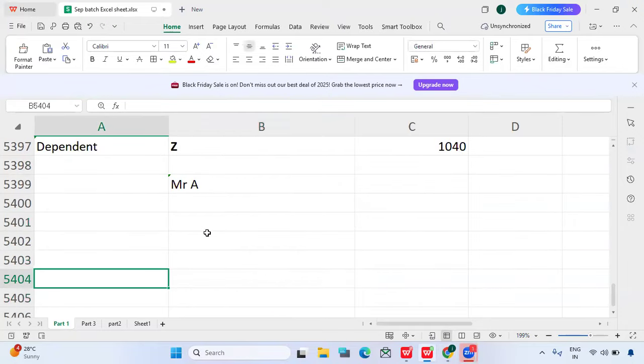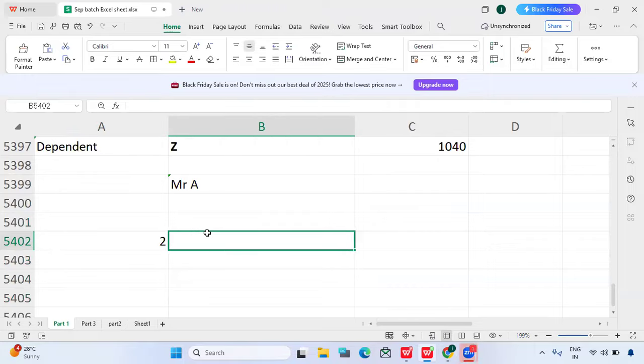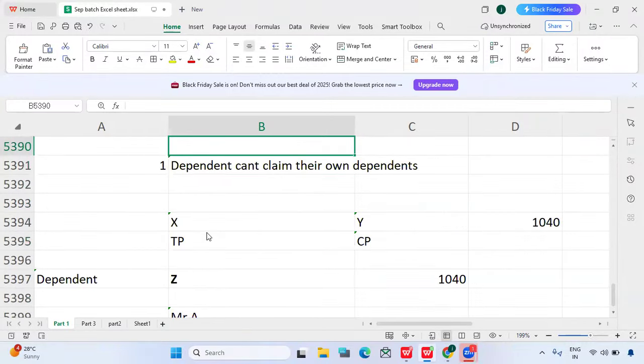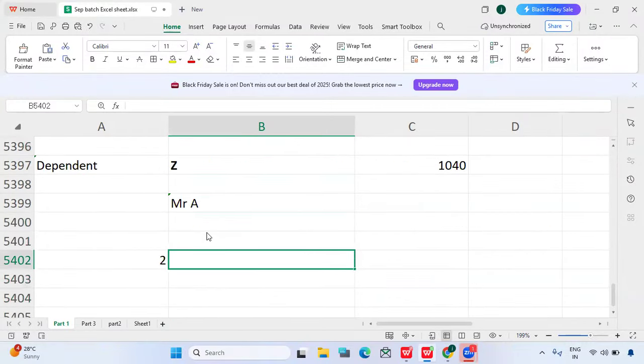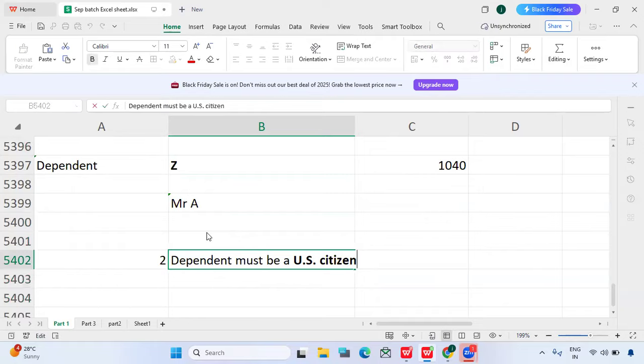So the first one: a dependent cannot claim their own dependents. And the second point: these are very general tests we are going to check to consider a person as a dependent. The second one: the dependent must be a US citizen or resident or US national, then only we will consider.